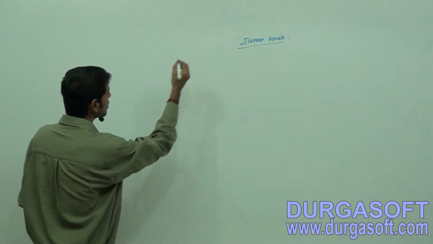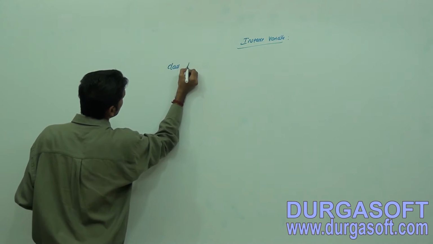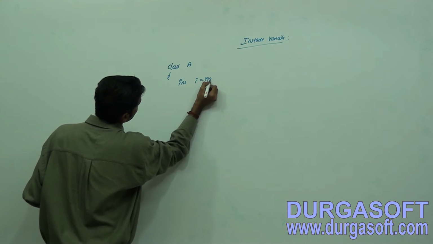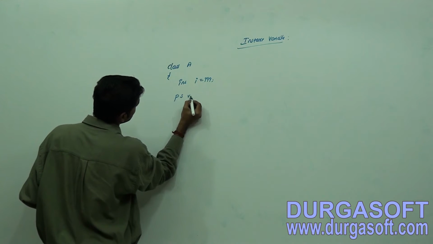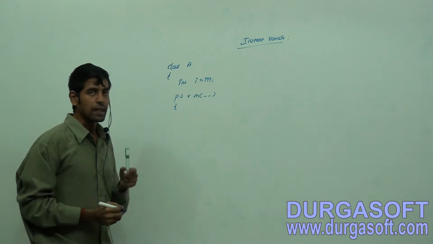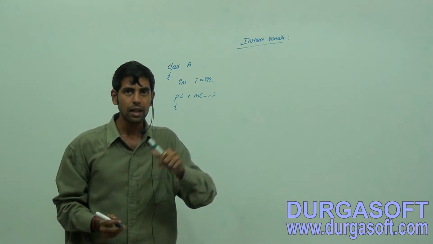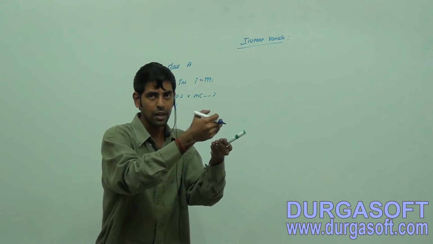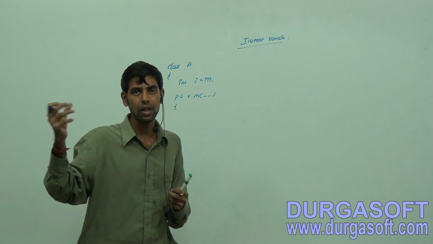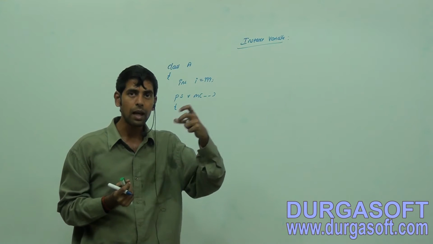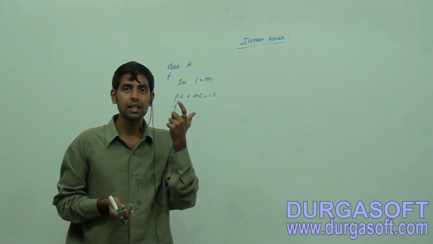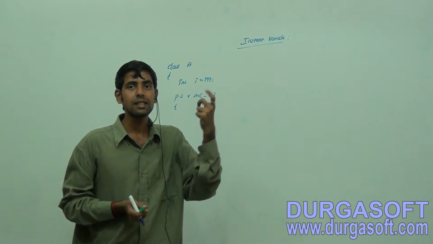Observe here, if there exists a variable, int i equals 999, in public static void main, such that this variable is available to each and every instance creation, a separate copy available to each and every instance, then such types of variables are called instance variables.